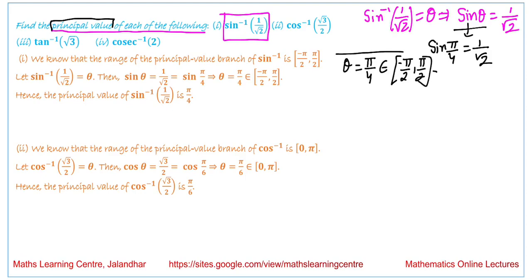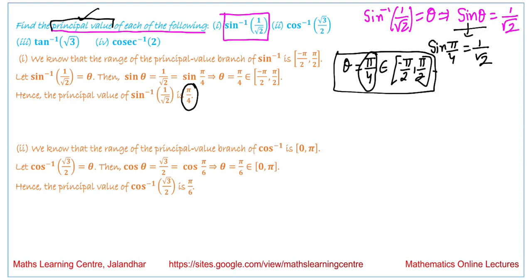There can only be one value here, because on the principal domain the function is one-one and onto. So we will have only one answer. If you have calculated one answer, that is sufficient, and you need not check whether any other point lies in this interval or not. So this is the answer for our first part.